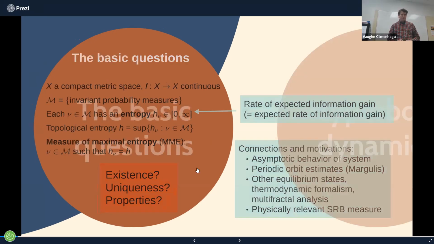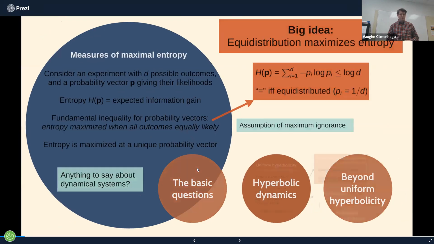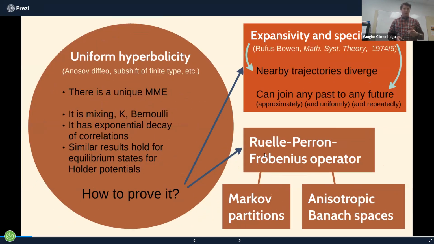So with these in mind, let's see what the story is in the classical uniformly hyperbolic setting. That is, think about an Anosov diffeomorphism, or for purposes of most of this talk, a subshift of finite type. You should assume that it's topologically transitive, or even better, topologically mixing.